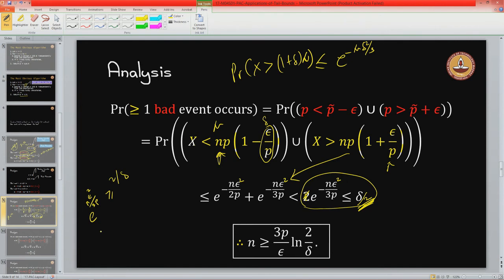Now I can take the log on both sides. So then what I will get is n times epsilon squared by 3p. I'm going to take the epsilon squared by 3p to the other side. So I'm going to make that 3p by epsilon squared, and there will be a ln over here.